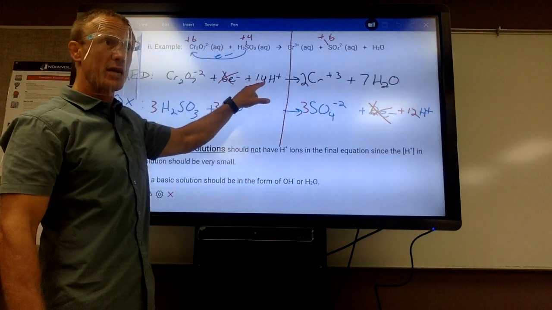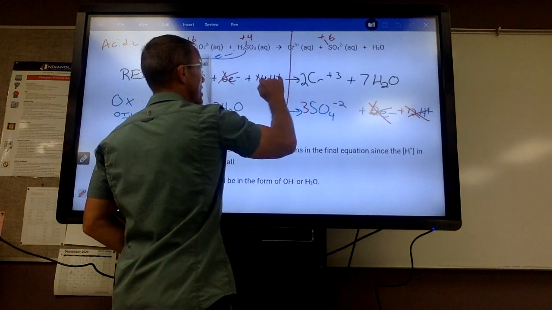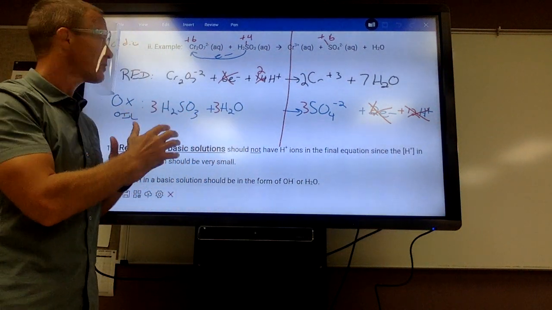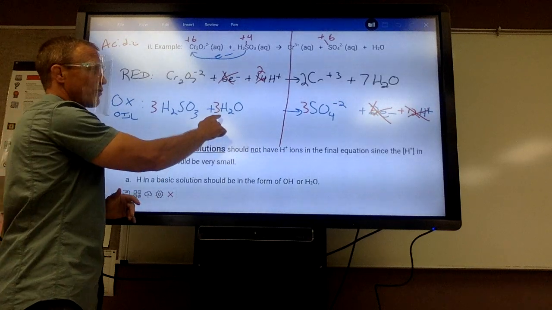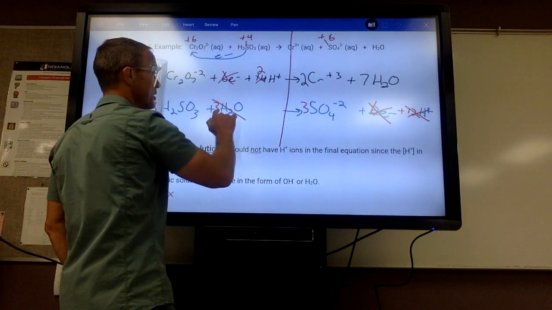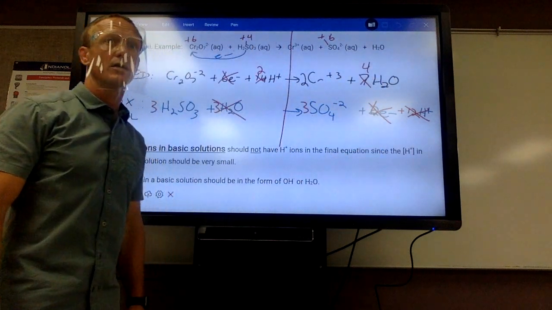So your net is that 2 were used, right? So that's gone. The net here is that 2 of them are on the reactant side being used. Anything else that you can cancel? 3 waters over here being used, 7 being made. So our net would be 4 on this side.